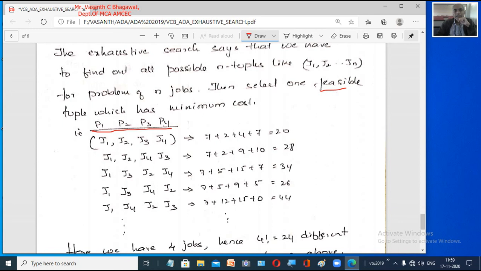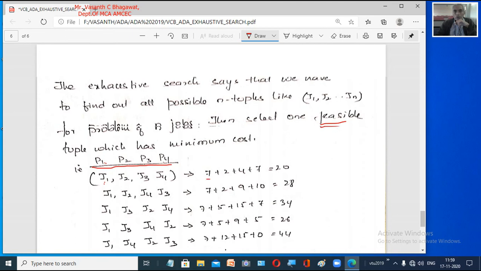Now first we will assign job 1 to P1. What we are doing? We are assigning job 1 to the first person, second job to the second person, third job to P3, that is the third person, fourth job to the fourth person. Now when you assign job 1 to P1, what is the cost? How much time does he take? You look into your cost matrix.